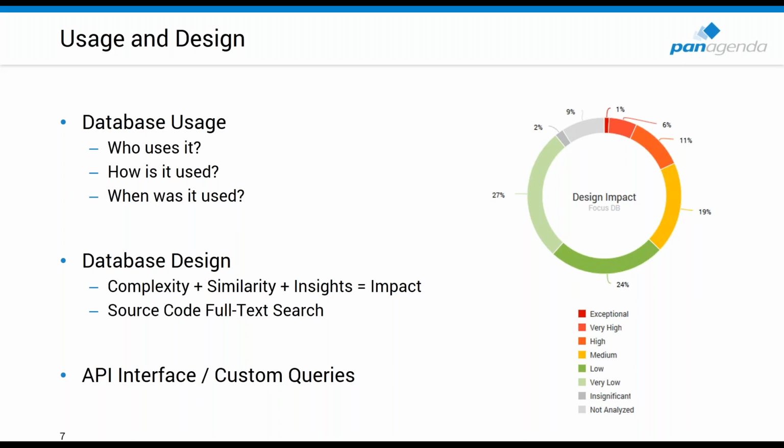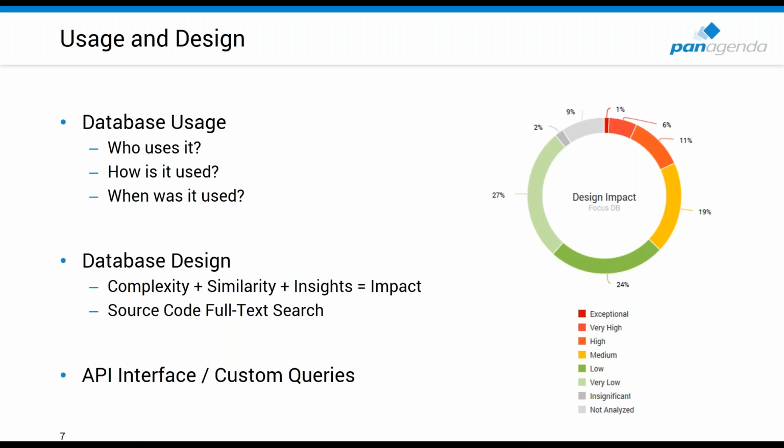Database design, we're going to jump into that in a little more detail later on. So let me just explain that when we talk about database design, a number of different factors play into this. There's the complexity of the database, there's its similarity to other databases, and there are insights, which are basically searches for code patterns.